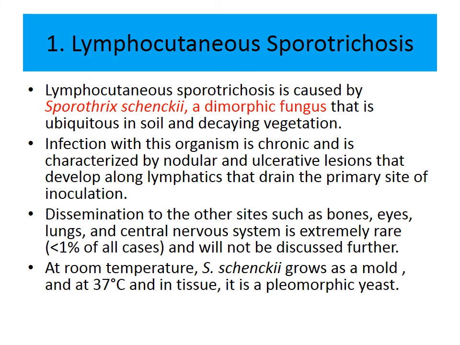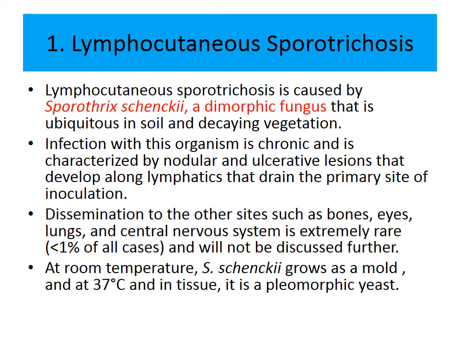As I said earlier, the causative agent is Sporothrix schenckii, which is a dimorphic fungus. What is a dimorphic fungus? Does it have two phases? What are those phases? Size and shape are not phases. I told you the fungi come either as mold or yeast. If they come in both, at some temperature they are mold, and at another temperature they are yeast, we call them dimorphic.